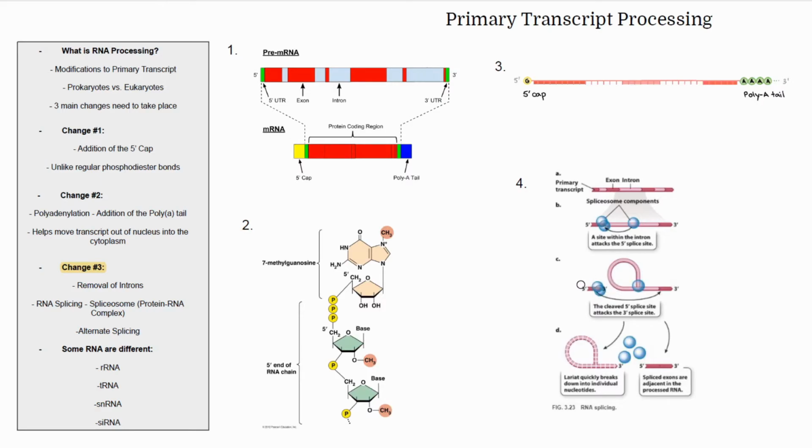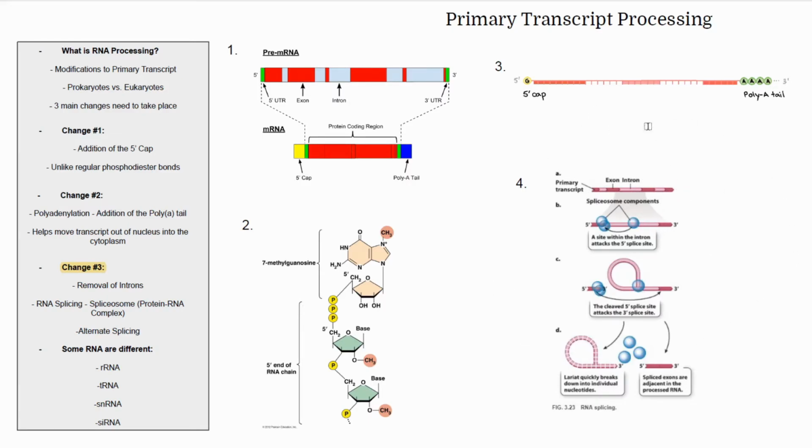Now this 5' exon has a free 3' end that ends up attacking the 3' exon's 5' end. What this does is it releases the lariat as well as the spliceosomes and results in the exons binding together. Now this process repeats throughout the primary transcript where the introns are removed and the exons bind together.